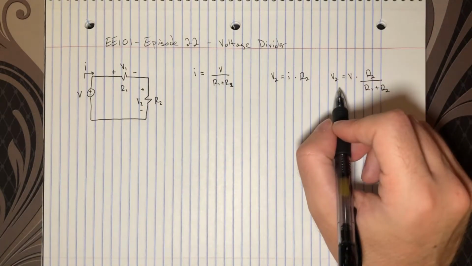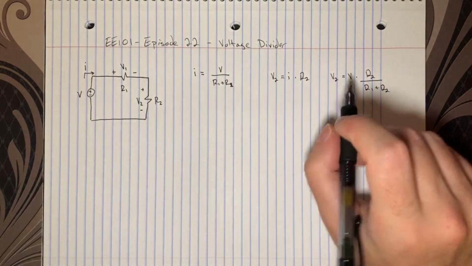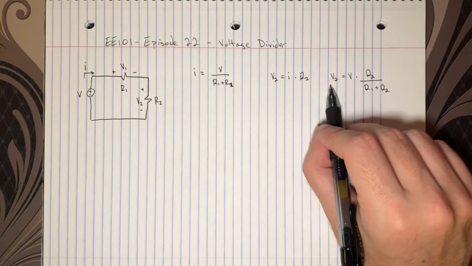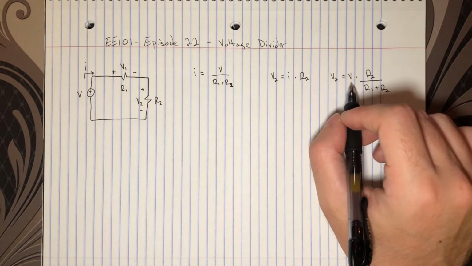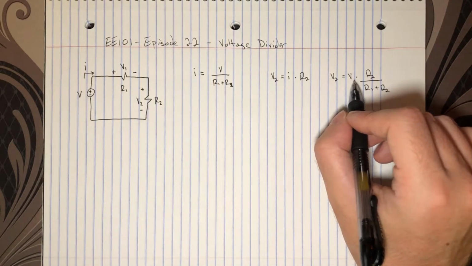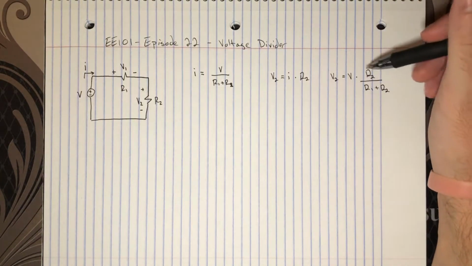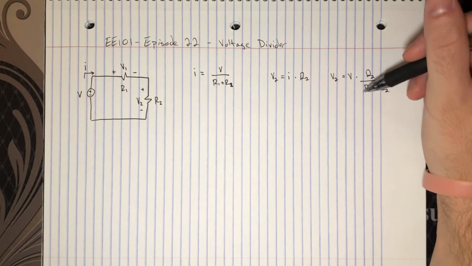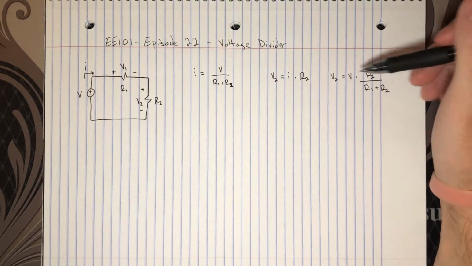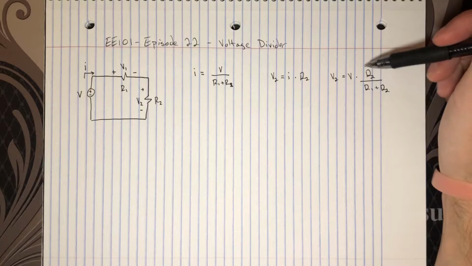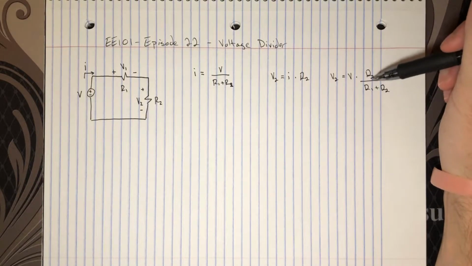I have a solution for the voltage V2 as a function of the source V. Interestingly, there's this extra business here, this ratio of resistances in our circuit. But this is fine, this is just a constant in theory, right?